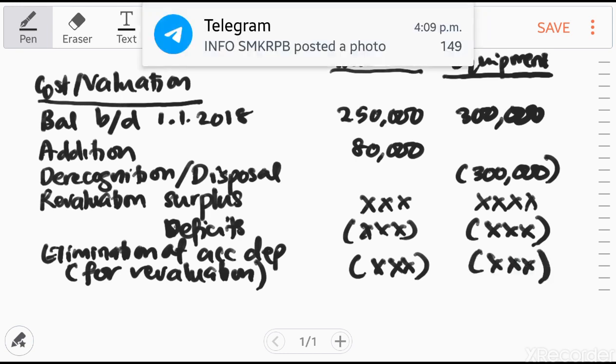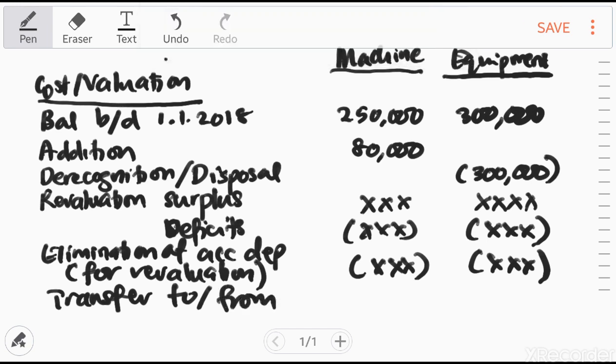Or maybe if you have any transfer to or from. If it's transferred to, that will be removed or excluded.